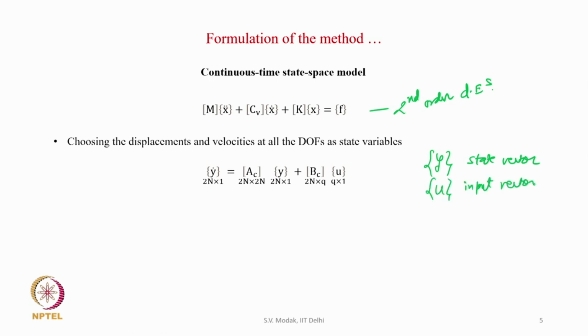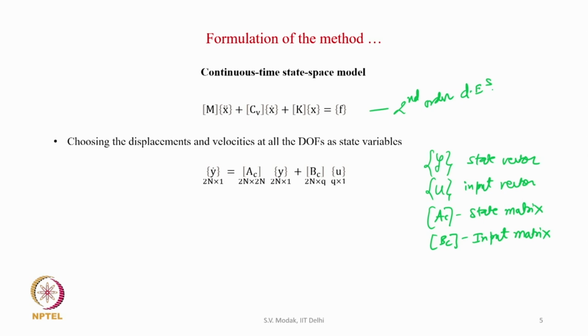Currently we assume that there are inputs acting at q degrees of freedom, so it is of order q by 1. Ac is the state matrix and Bc is the input matrix, because it is the coefficient of the input vector.